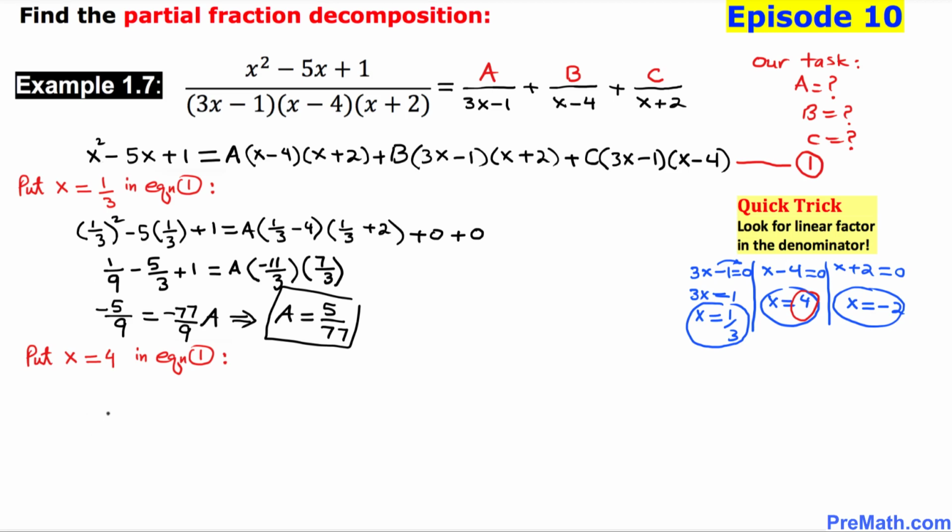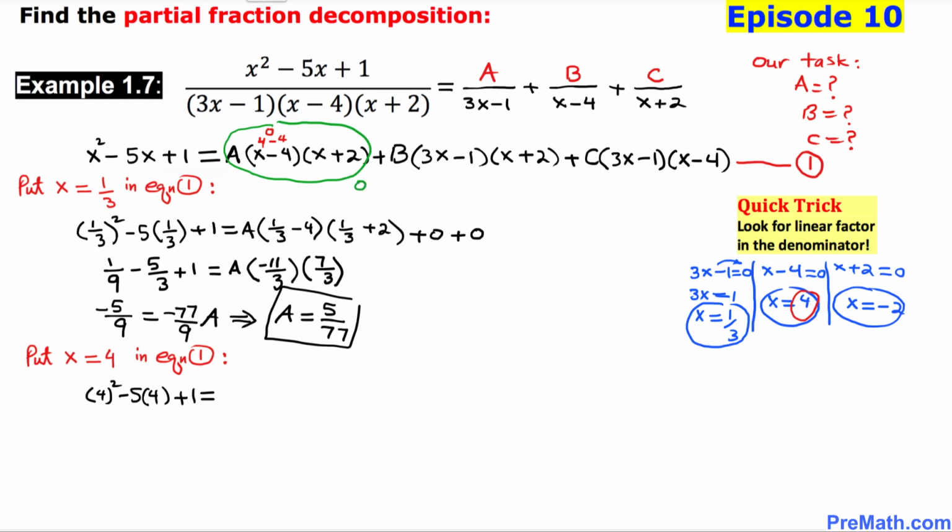So equation number 1 is simply going to become 4 squared minus 5 times 4 plus 1 equal to, let's look at this over here. When we replace x by 4, this is going to become 4 minus 4. That is going to give us 0. 0 means that the whole thing is going to become 0.